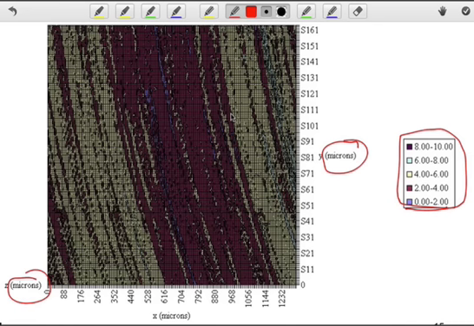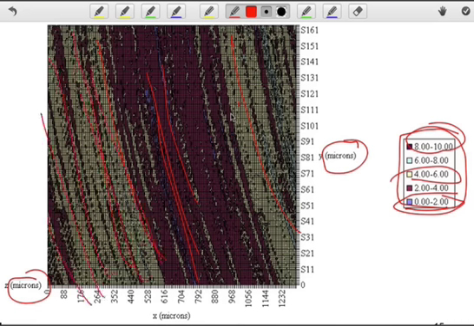So we have peaks, which would be the high irregularities, and then we have some valleys, which, as you can see in this region here, are significant, and then we've got kind of in between here, but the lay is very pronounced.